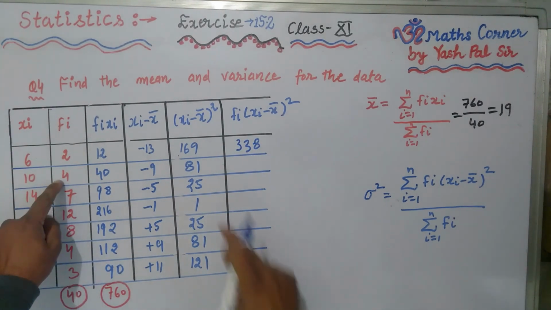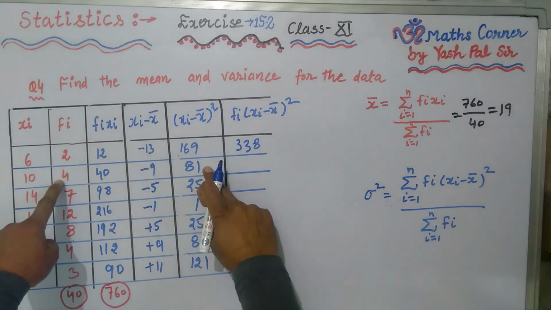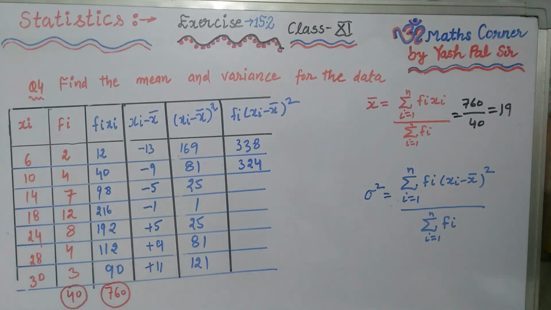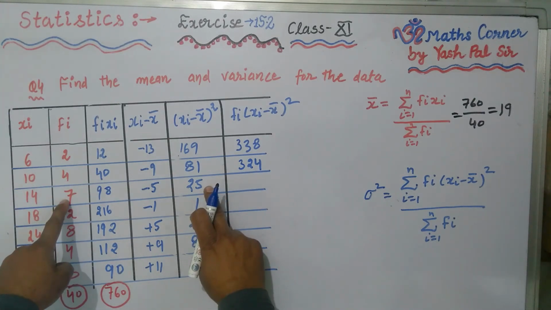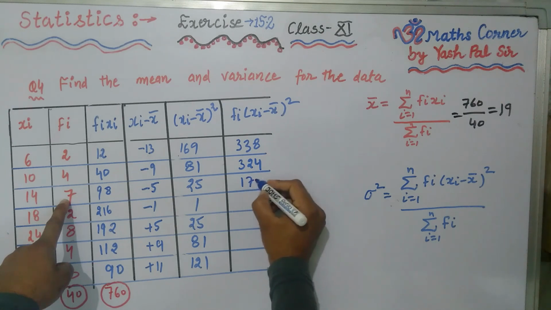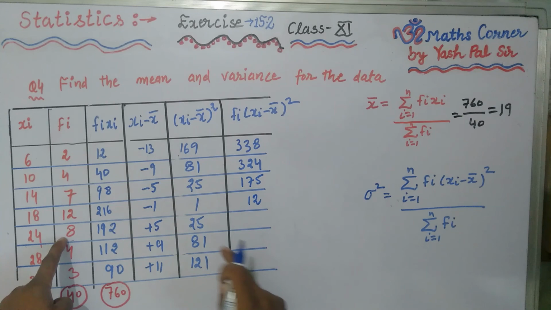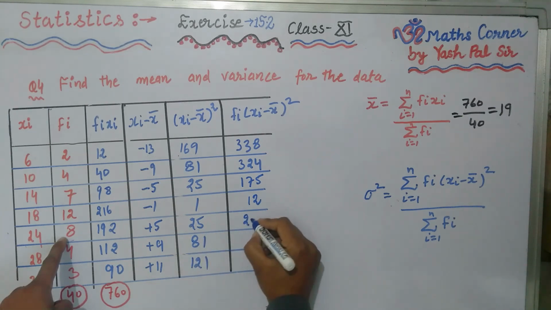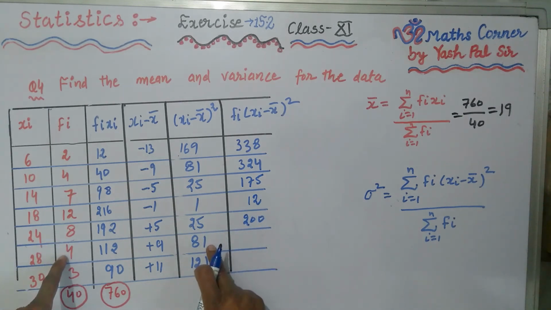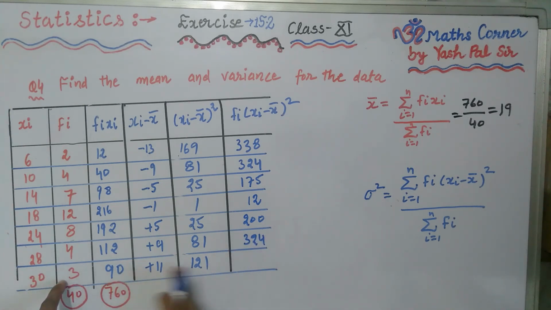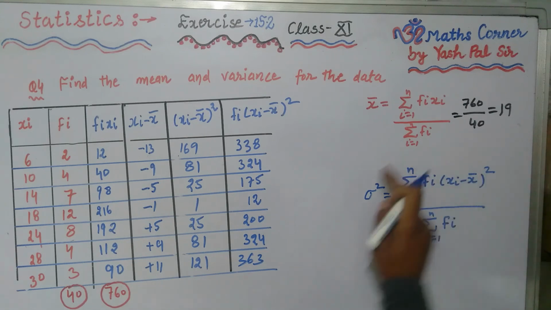Next 4 into 81, result is 324. Next, 7 into 25, 175. 12 into 1, 12. 8 into 25, 200. 4 into 81, 324. 3 into 121, 363. Now we find the sum of this column.